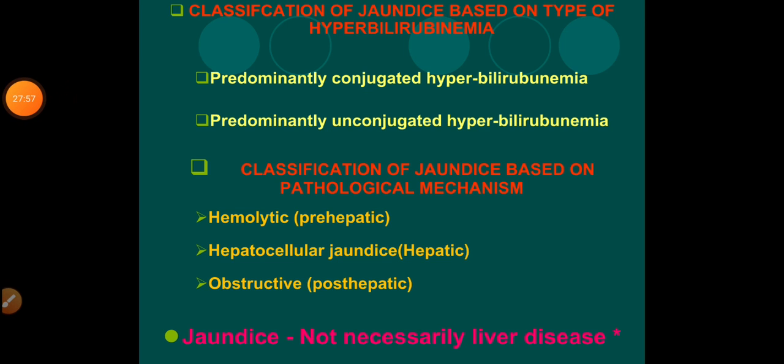The treatment is only surgery. So jaundice is a sign and a symptom, not necessarily of a liver disease. It could be because of hemolytic anemias also, or it could be because of obstruction to the bile flow.